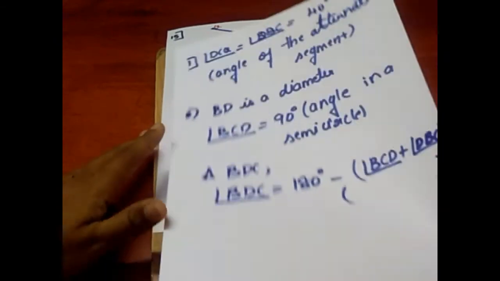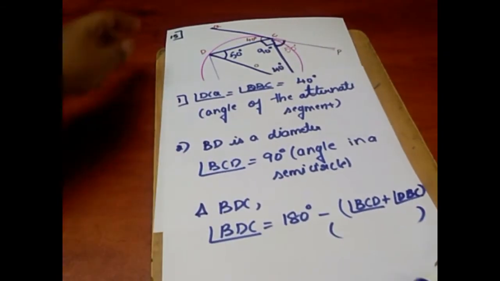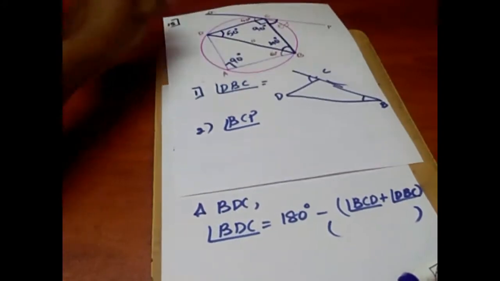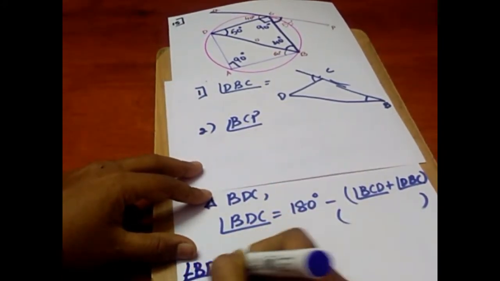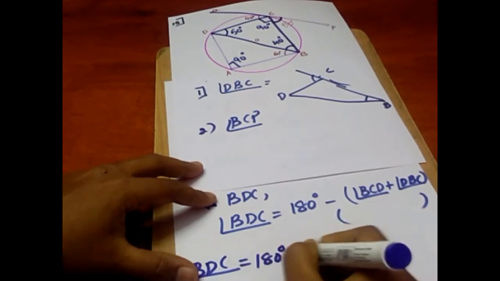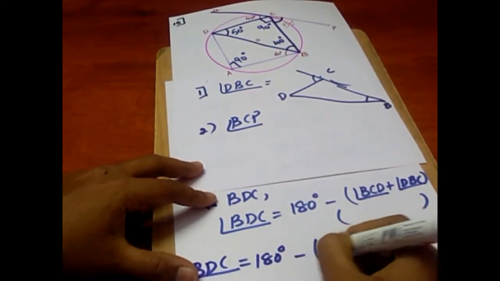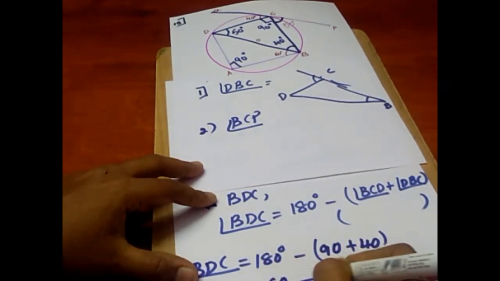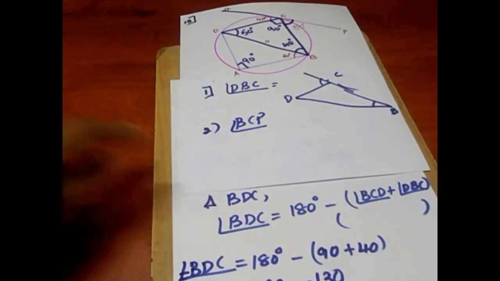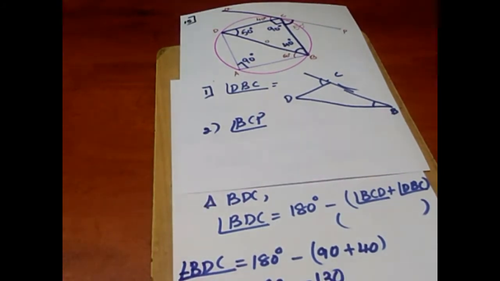Reason, angle sum property of a triangle. Now, angle BDC is equal to 180 minus of 90 plus 40. That is equal to 180 minus 130. Measure of angle BDC is equal to 50 degrees.